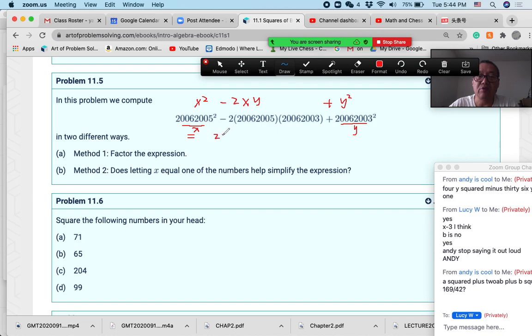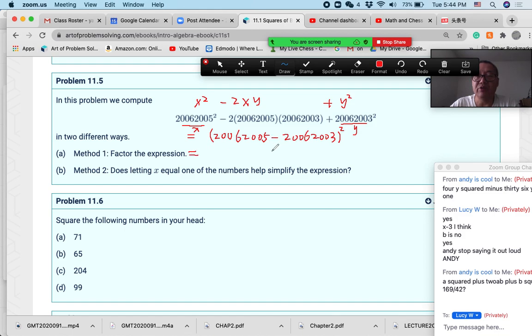So that's 2006.2005 minus 2006.2003, then parentheses square, right?